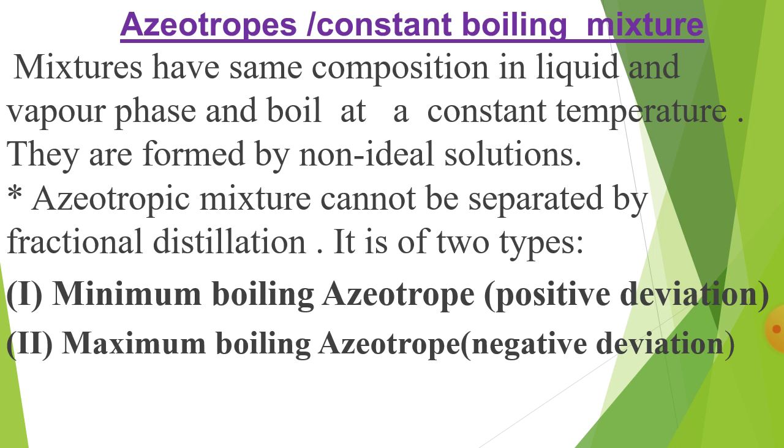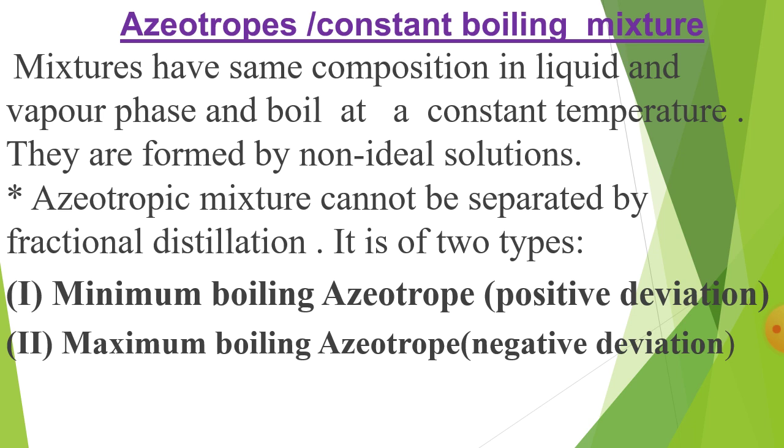Mixtures, that is solutions, having the same composition in liquid and vapor phase and boiling at constant temperature are known as azeotropic mixtures or constant boiling mixtures. They are not formed by ideal solutions. They are formed by non-ideal solutions. So these are basically the property of non-ideal solutions.